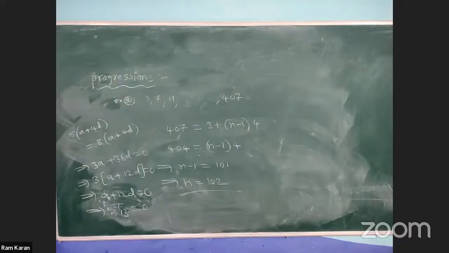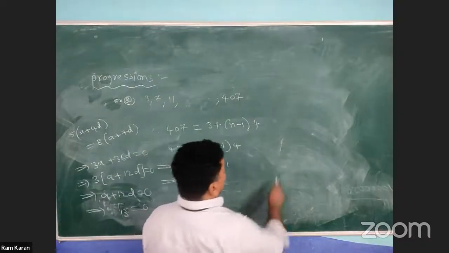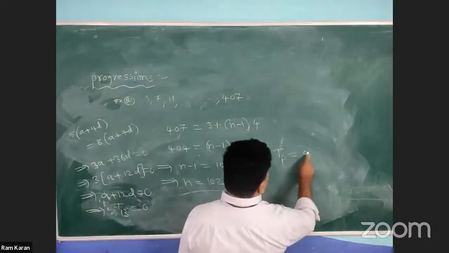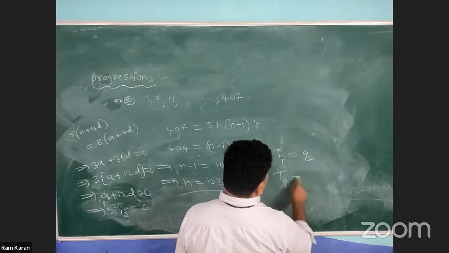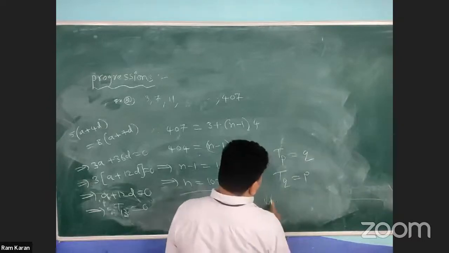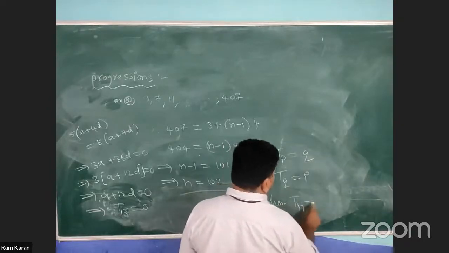Then find the nth term. Tp is equal to q, Tq is equal to p, then Tn is equal to what?